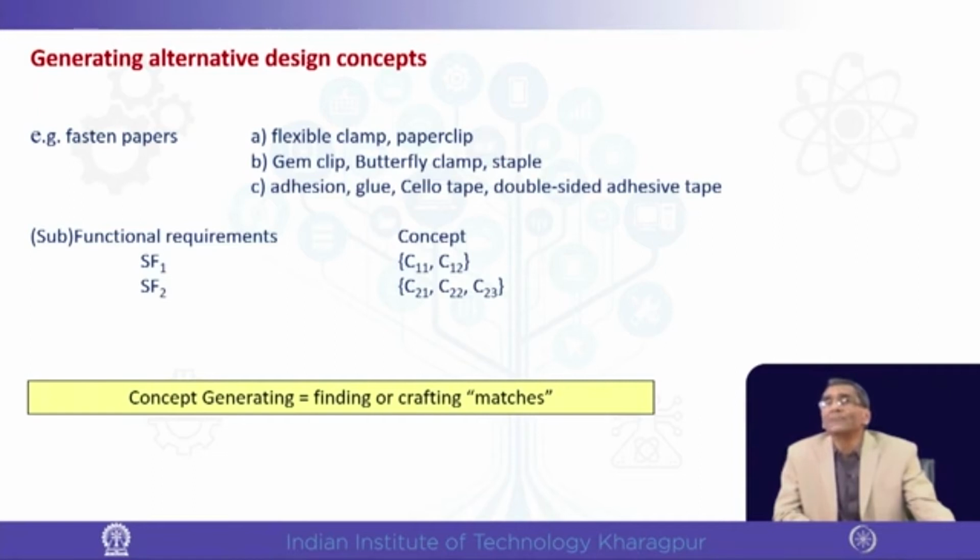That means, for sub function 1, the first and second means are workable or possible or available or can be created. Similarly, for sub function 2, the 21, 22, 23, that means the first, second and third column, that means 3 means are possible or can be utilized.